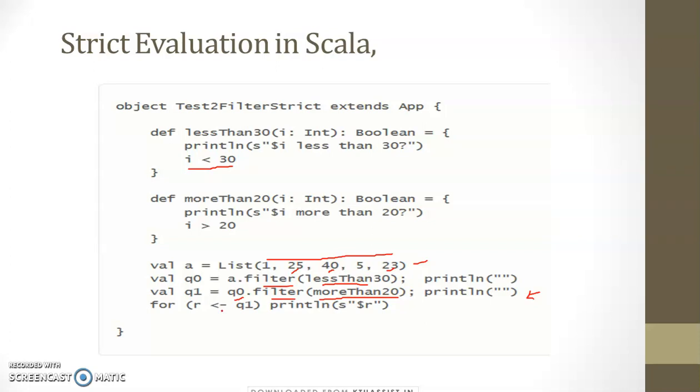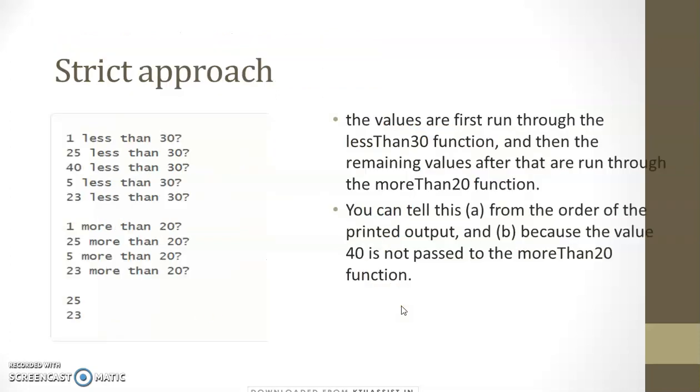From that you find that 25 and 23 are greater than 20, and those are stored in Q1 and displayed on the screen. So this is the result you will see when you execute this program. First the entire list is compared with 30. Then the elements that satisfy the condition are compared with 20, and the result is displayed. That is the case with the strict approach.